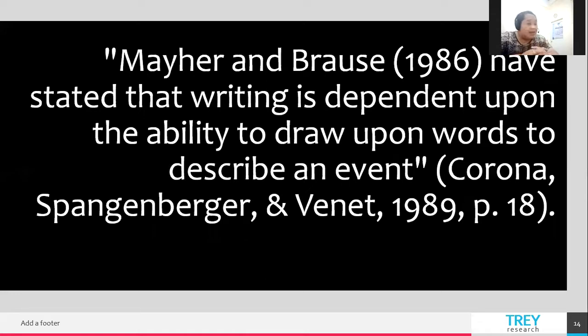So according to Maher and Browse, he stated that writing is dependent upon the ability to draw up words to describe an event. So, eto siya ang masakit. Kasi, some people really, sabi mo, tanungin mo, ano nangyari kahapon?